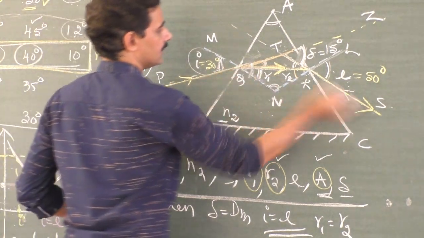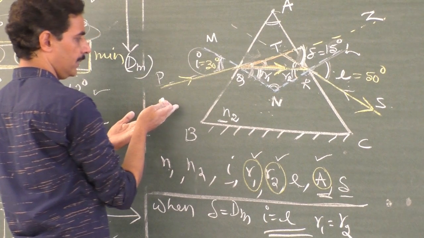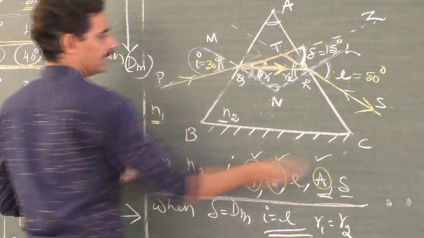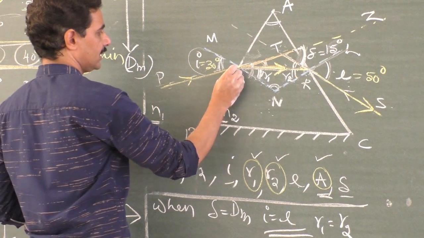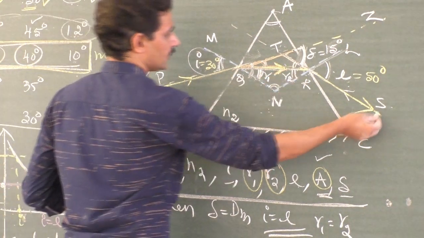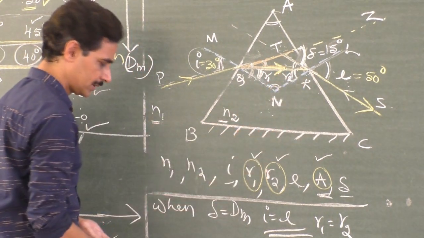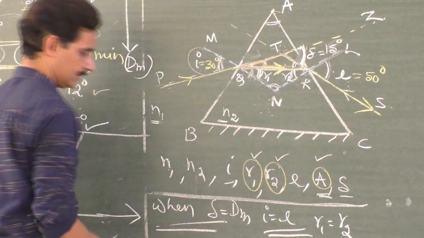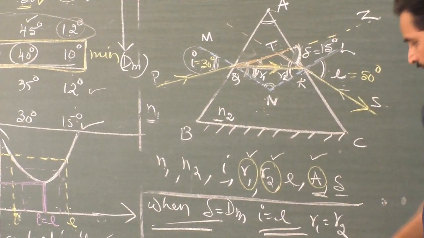If this is the same as this one, these two should be the same, because the medium here and this medium are the same. Inside it is the prism. So a ray of light incident at 40 degrees should move by the same angle. So R1 and R2 must be the same. So I will use this condition. We will come back to the derivation.